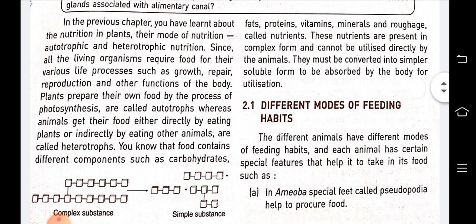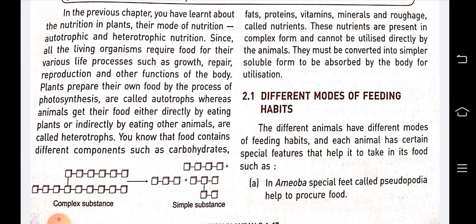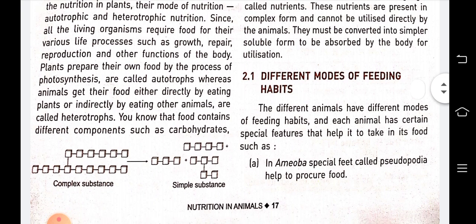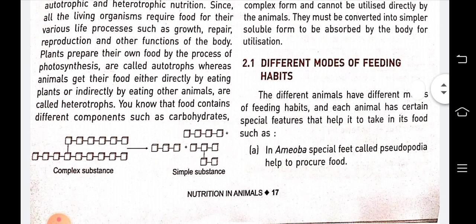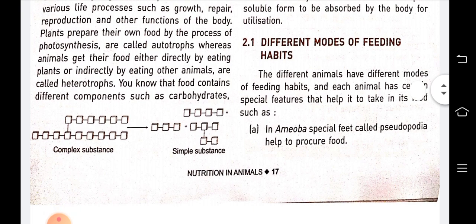Since all living organisms require food for their various life processes, such as growth, repair, reproduction, and other functions of the body, plants also prepare their own food by the process of photosynthesis. And the other animals, which depend on plants and get their food either directly by eating plants or indirectly by eating other animals, are called heterotrophs.